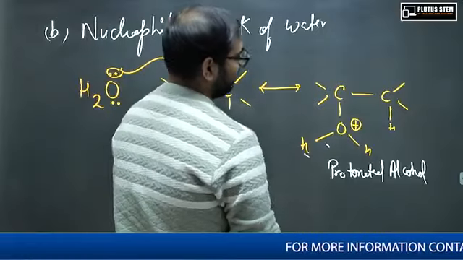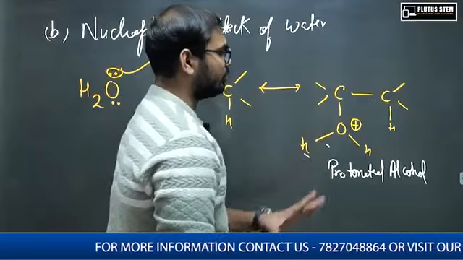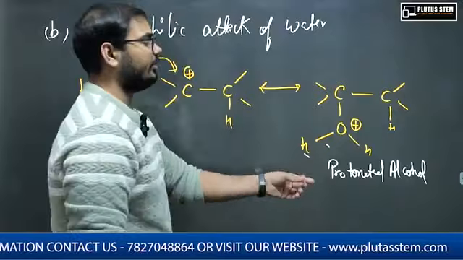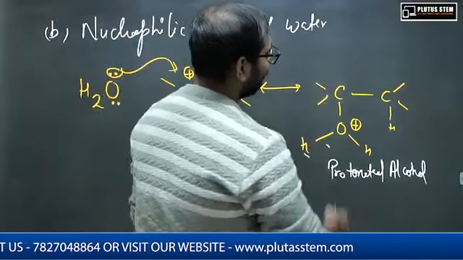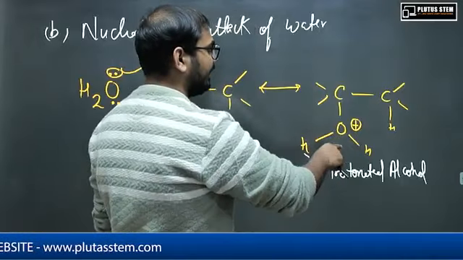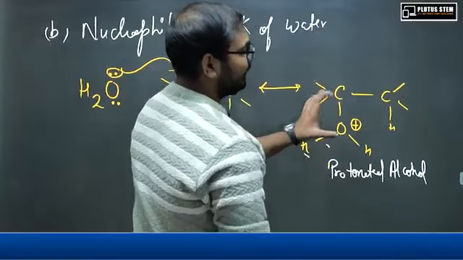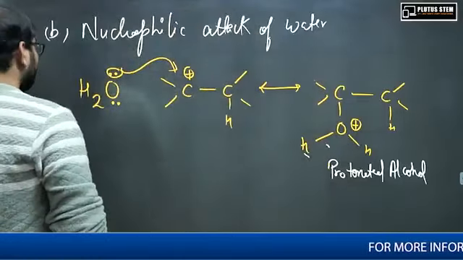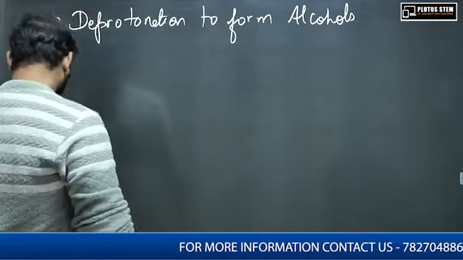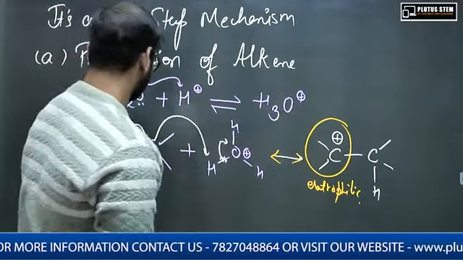So the only option is I can either withdraw electrons from the carbon oxygen bond or from the hydrogen oxygen bond. Now since the electronegativity difference between the oxygen and hydrogen is much larger compared to the carbon oxygen bond, it is much easier for the oxygen to take the electrons from the hydrogen oxygen bond rather than the carbon and oxygen bond. So the next step is the deprotonation, removing that extra proton which you utilized in the very start to form your hydronium ion.